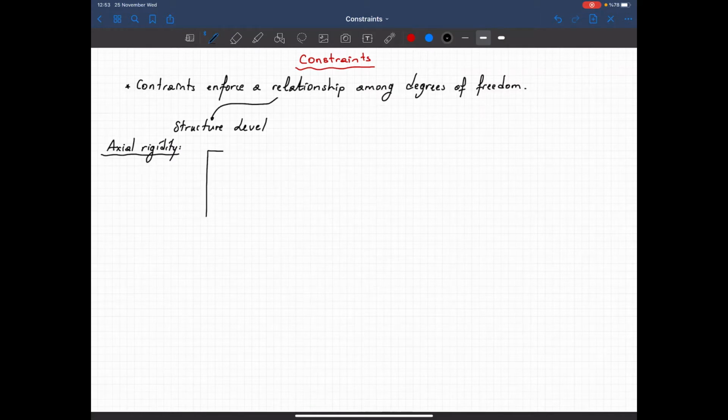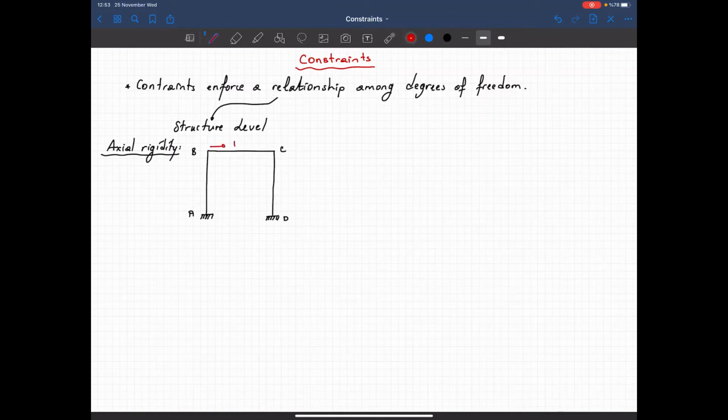So we take a structure like this, a very basic frame. Let's say that points A, B, C, and D, and let's show all the degrees of freedom.